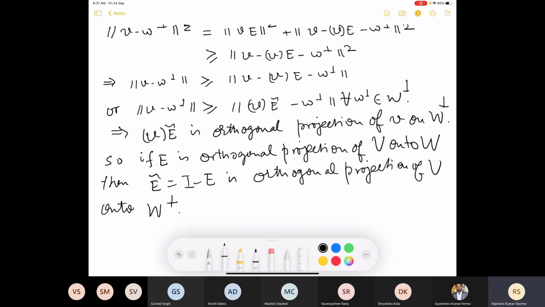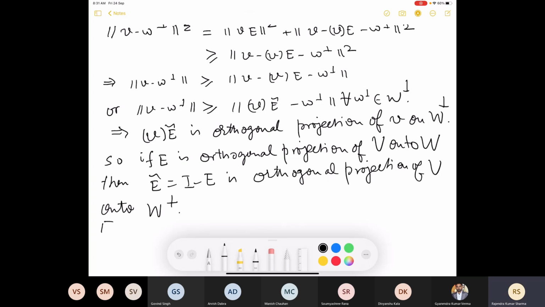You can also prove that orthogonal projection is a homomorphism and its kernel is orthogonal.